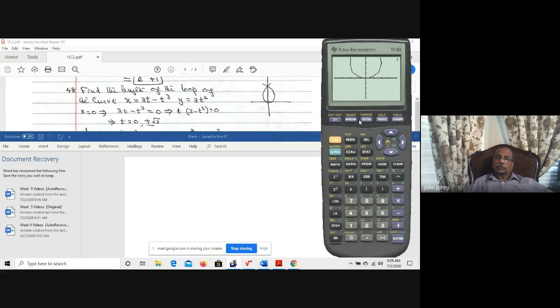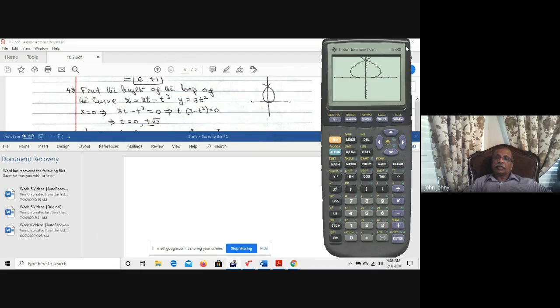Oh, it's not enough. Okay, so that is the curve.